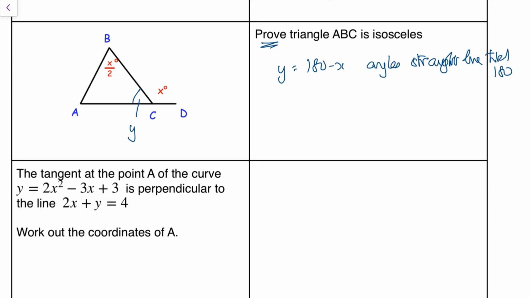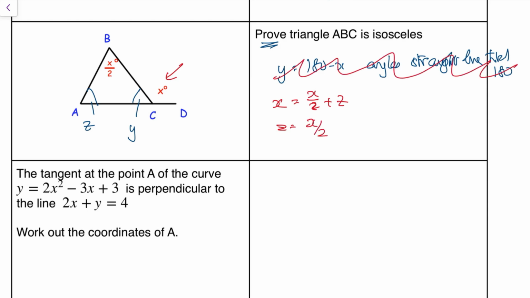Okay, and then I also know that z is equal to, well, by the alternate angle hypothesis, it's actually the other way around, isn't it? I must be able to say that x, as in this x here, must be equal to x over 2 plus z, which means that z is equal to x over 2. Actually, I didn't need this at all, did I?